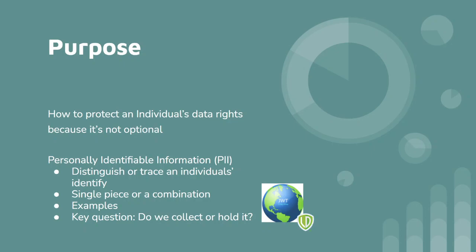It can be a single piece or a combination of data that, when used together, will specifically identify an individual. Sometimes this is referred to as linked or linkable data because it can be linked directly to an individual. Some examples of this are name, social security or social insurance number, date and place of birth, mother's maiden name, biometric records, which are becoming more common, for instance fingerprint scans, and medical, educational, financial, and employment information.